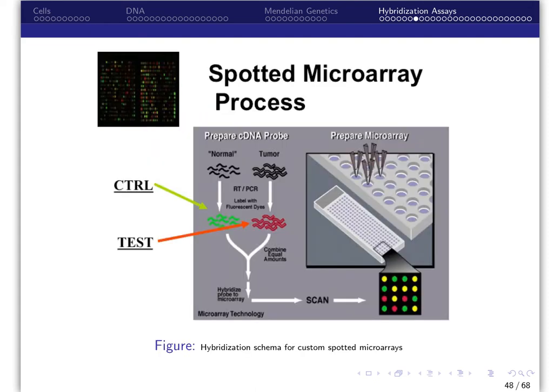Let's first discuss the custom spotted array technology, often called cDNA arrays, which was the earliest microarray technology that was developed. Here, PCR amplified products, or probes, are spotted into wells so that each well represents a unique PCR amplified product, or gene. These wells containing a probe are often called spots.